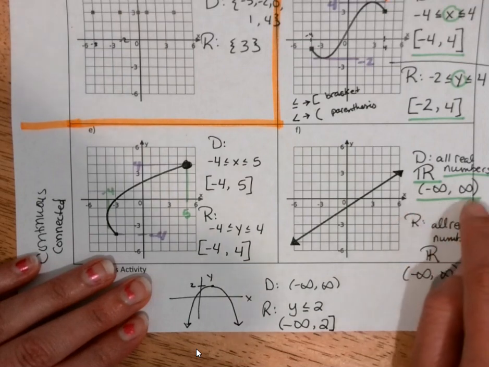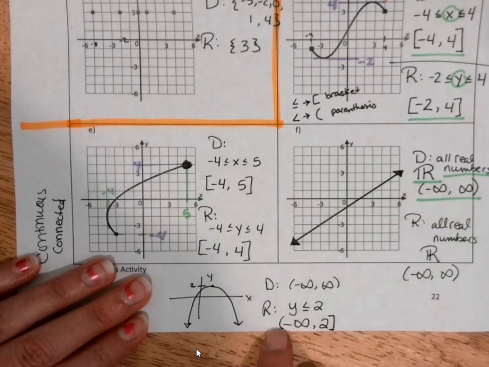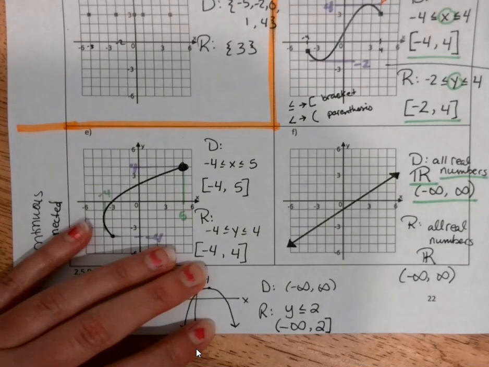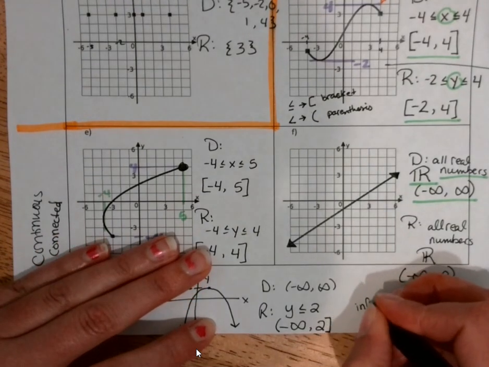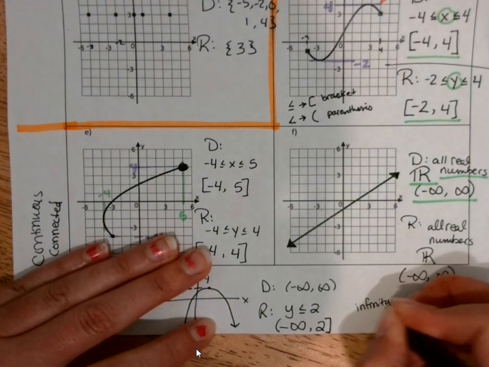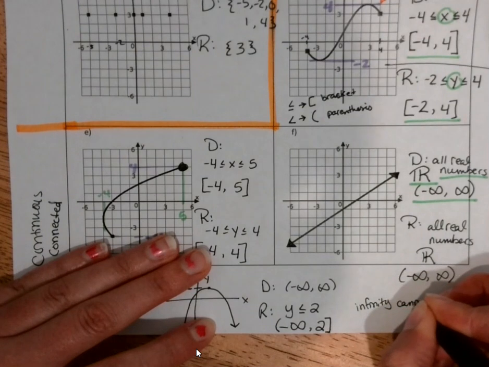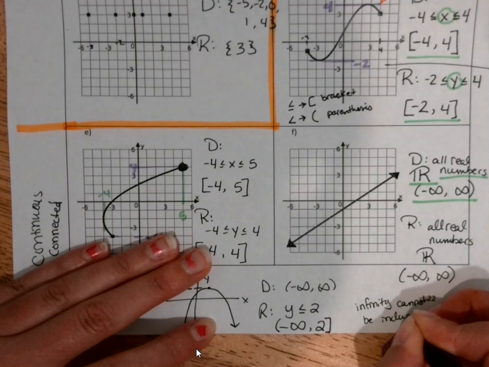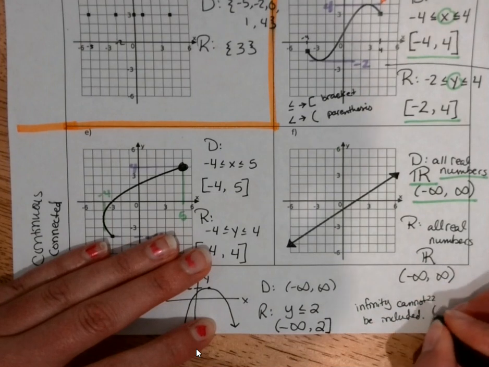I can't reach it. So infinity, even if you're using a bracket and a number, infinity can never have a bracket. So just a note, infinity cannot be included. So it's got parentheses only.